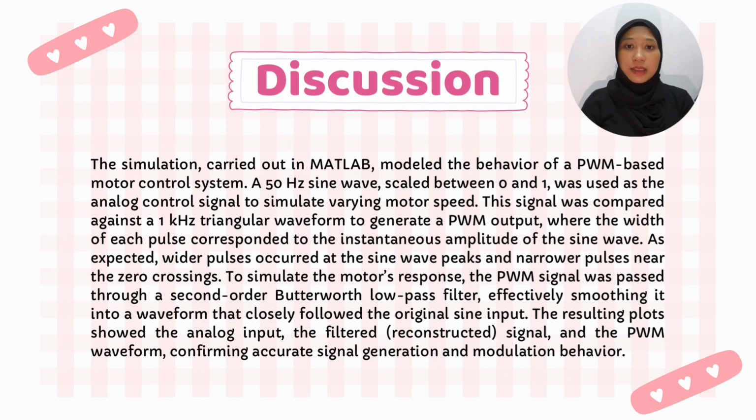As expected, wider pulses occurred at the sine wave peak and narrower pulses near the zero crossing. To simulate the motor response, the PWM signal was passed through a second-order Butterworth low-pass filter, effectively smoothing it into a waveform that closely followed the original sine input.